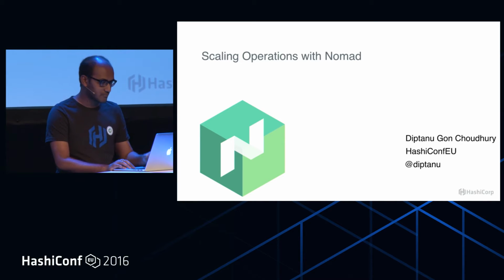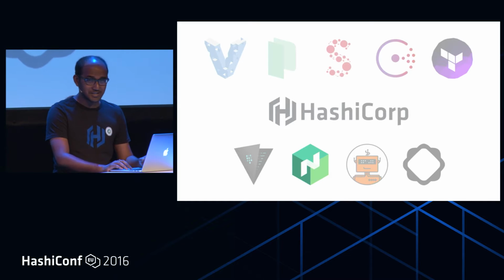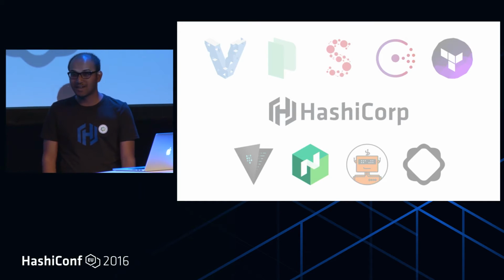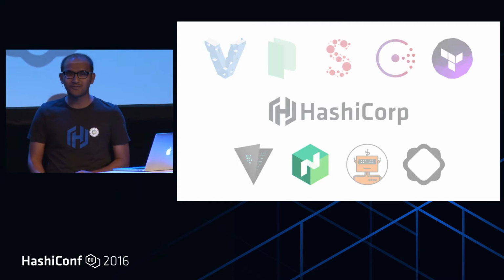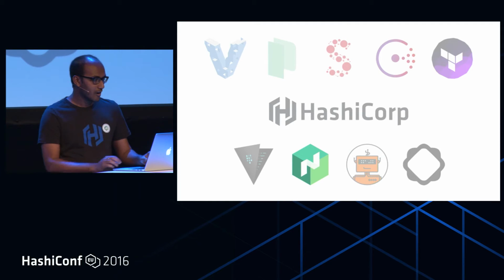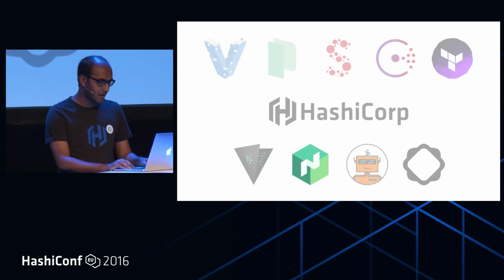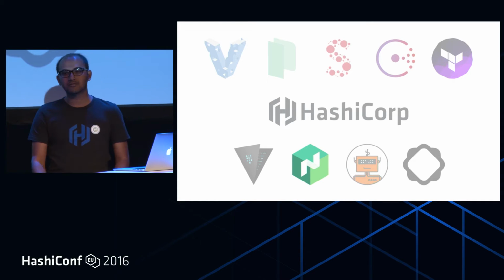So I don't need to talk much about all the products that HashiCorp does. You are in HashiConf, so for the next 2 days, you will hear about all the things about HashiCorp and all our products. But this talk is going to be about Nomad. And I work on Nomad.